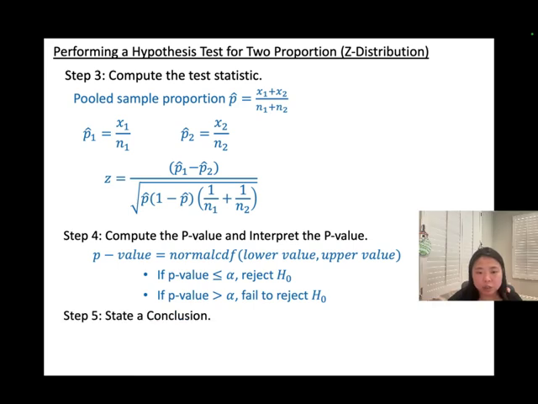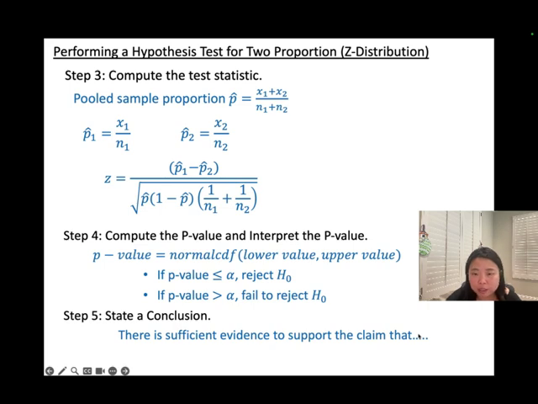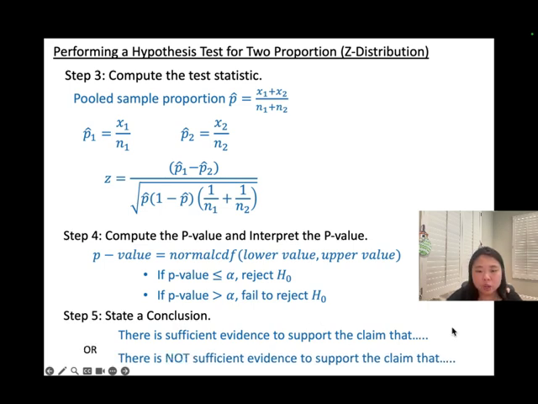State the conclusion. If you reject the null hypothesis, you state there is sufficient evidence to support the original claim. You have to think about whether it makes sense when you draw the conclusion. When you fail to reject, you state there is not sufficient evidence to support the alternate hypothesis.